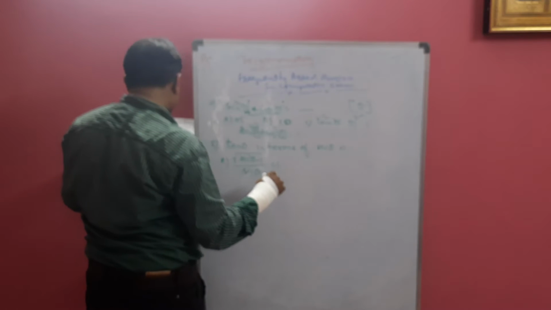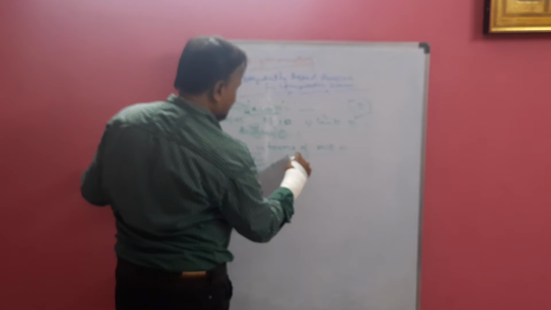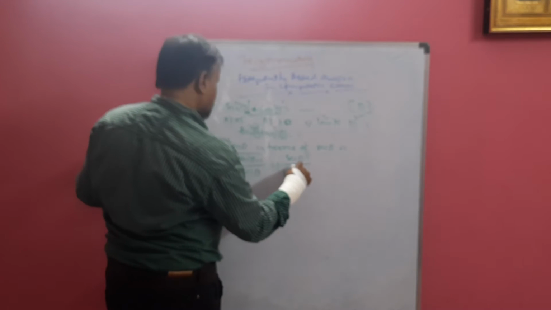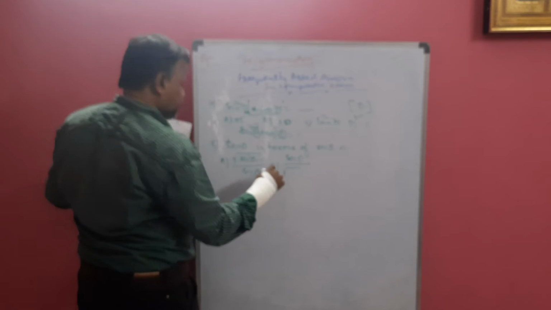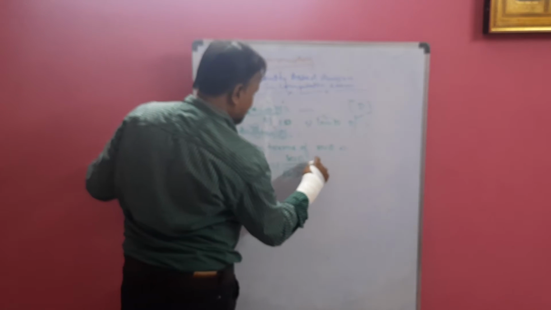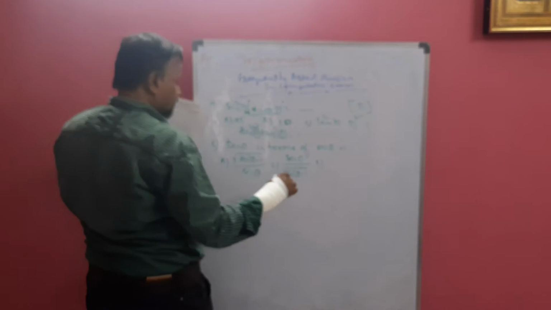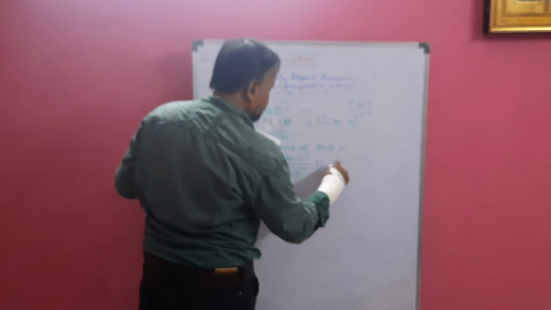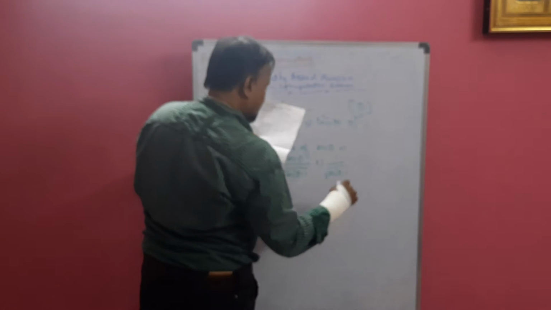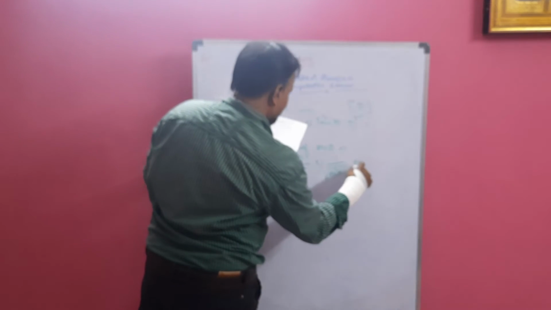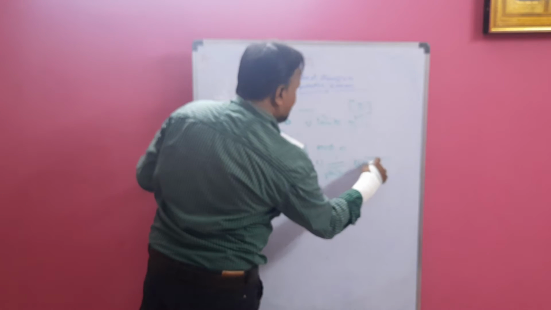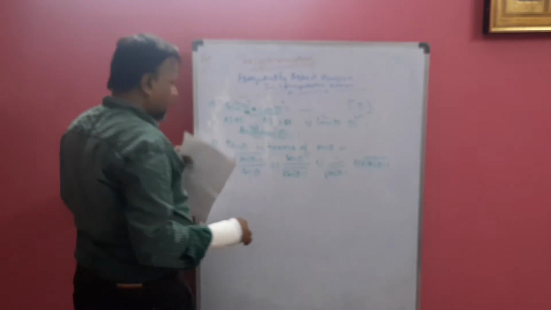Option B is sec theta divided by root over sec square theta minus 1. Option C is 1 by root over sec square theta minus 1. Option D is root over sec square theta minus 1. Here tan theta is there.